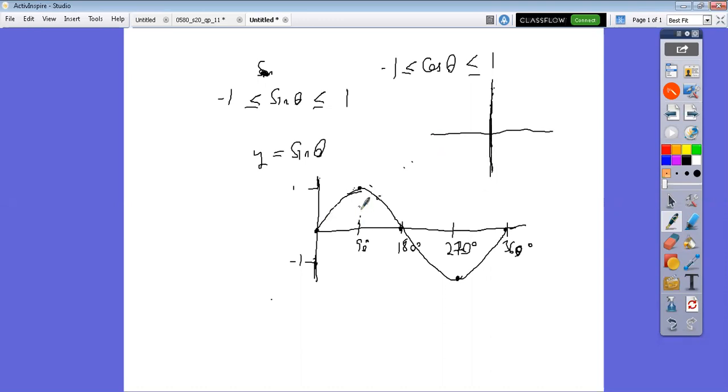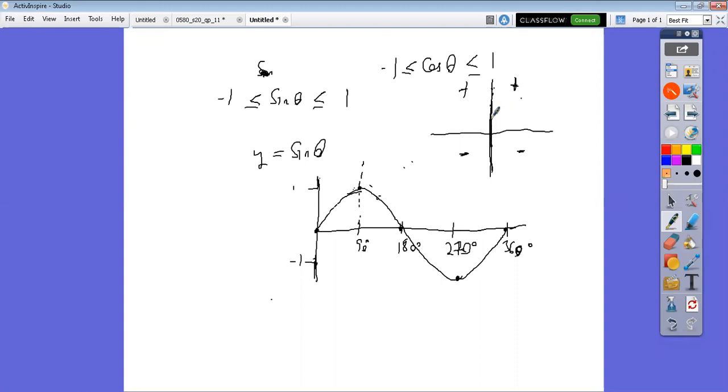I'll call this the first quadrant, the first 90 degrees. Can you see that everything is positive here? So sine is positive in the first quadrant, and is positive also in the second quadrant. But it's negative in the third quadrant and negative in the fourth.